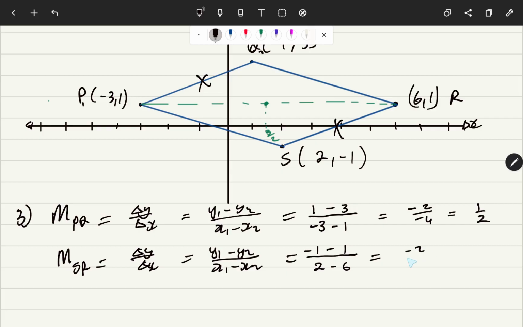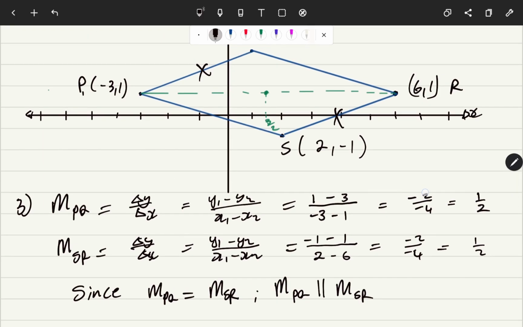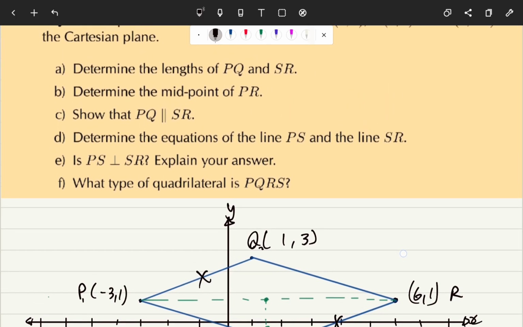Then I have minus 2 over minus 4, which is 1 over 2. What does that mean? Since m_PQ equals m_SR, it means that PQ is parallel to SR. Then I'm done, right? Let's see.